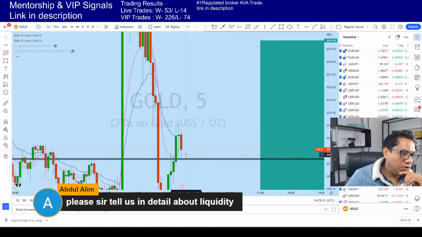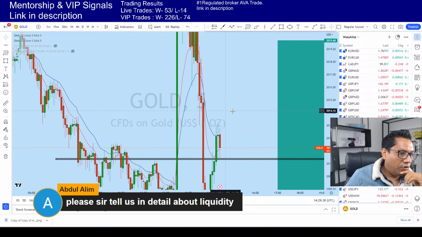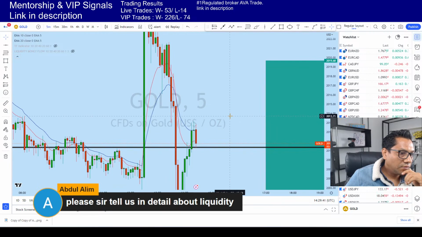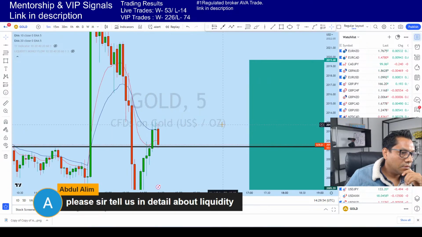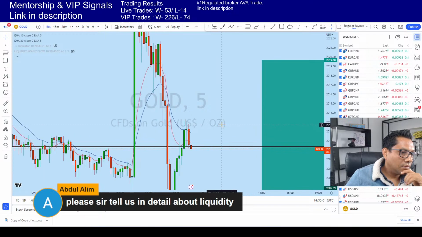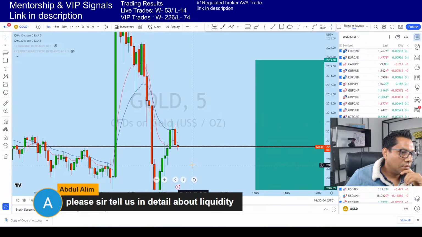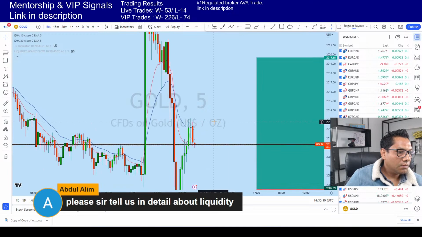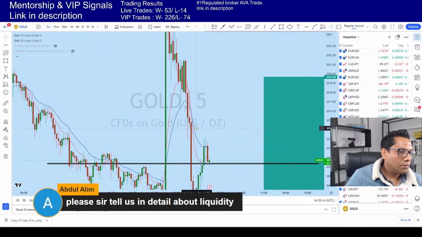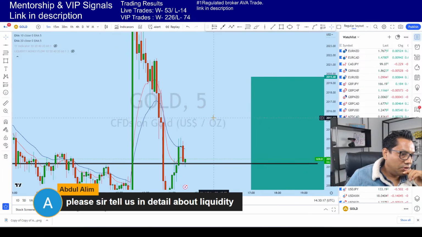So it's always you need to see, when we are on the buy side, that the buyers are coming into the market, and then we can look for a potential setup on that. That's what we need. We need to see the buyers.